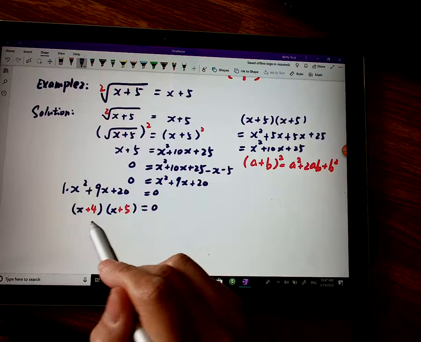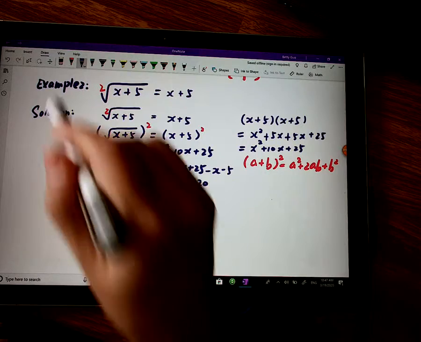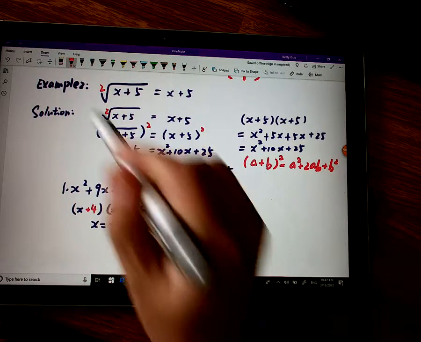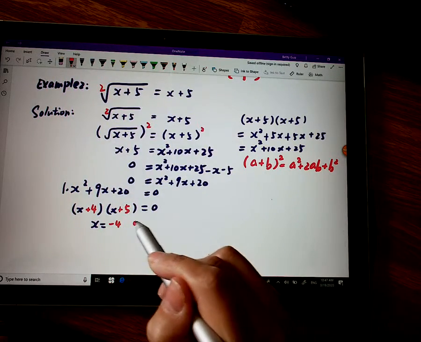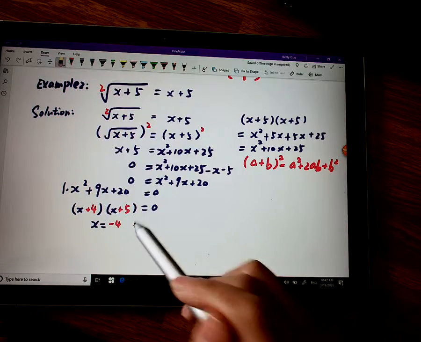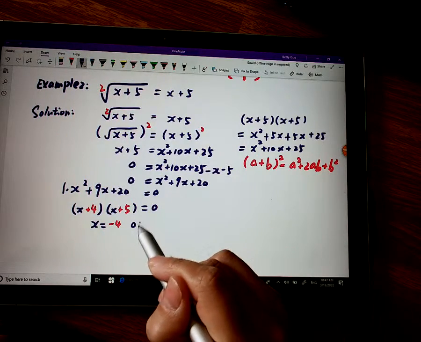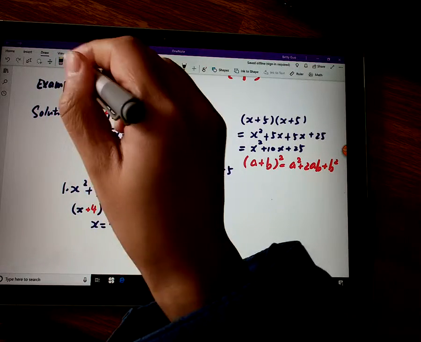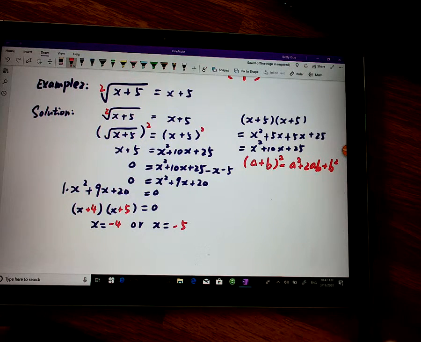And you would have x equals negative 4 or x equals negative 5. Are we done? Or did we finish this problem?